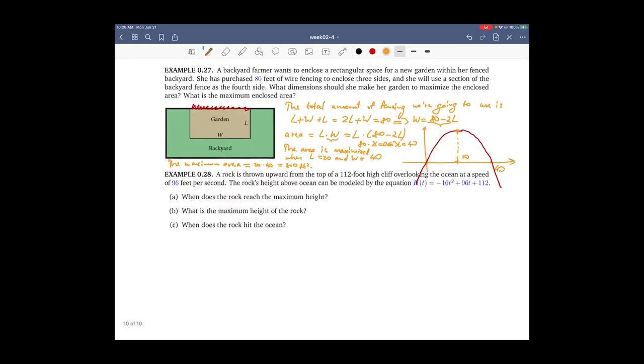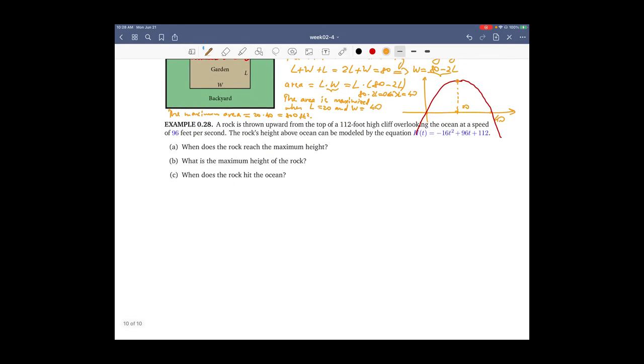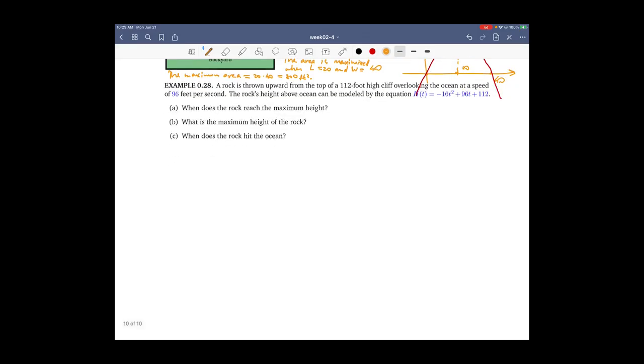All right, and the last example today is example 28. So we have here a rock that is thrown upward from the top of a cliff overlooking the ocean at a given speed. So let me draw a picture.